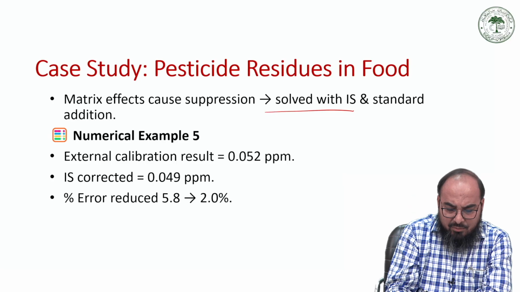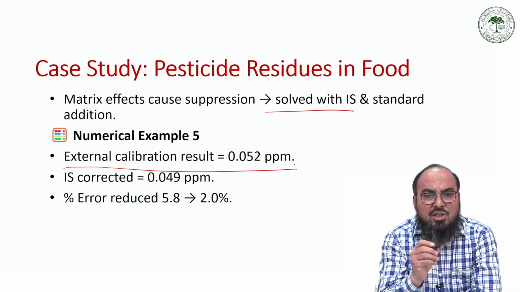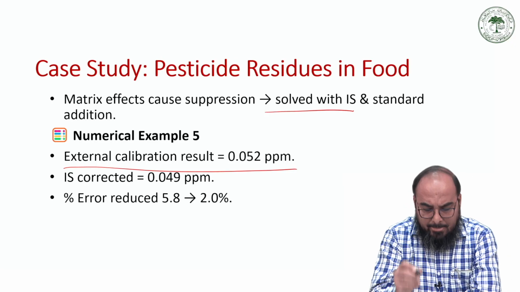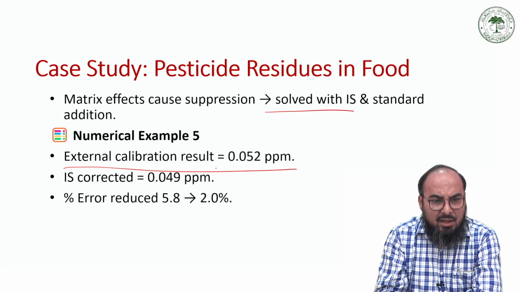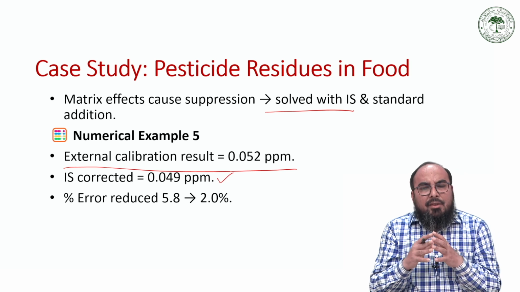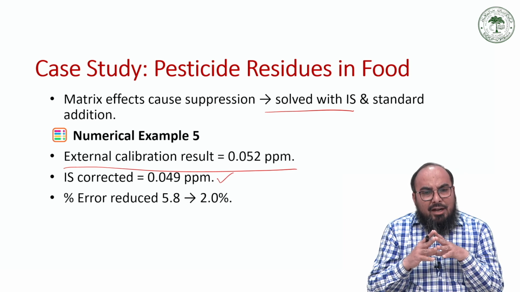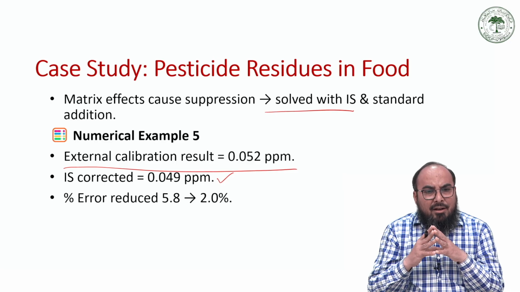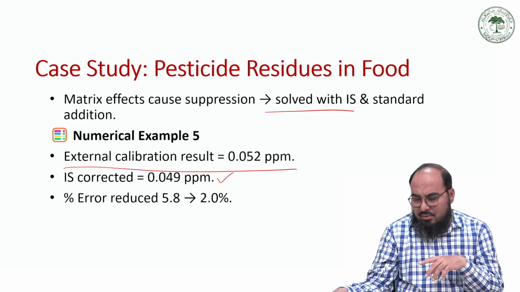So for external calibration, if you get a result of 0.052 ppm, and the internal standard corrected result is 0.049, then if you divide it, you will get an error percent of 5.8, that is a 2% reduction. So you have to check the internal standards also.